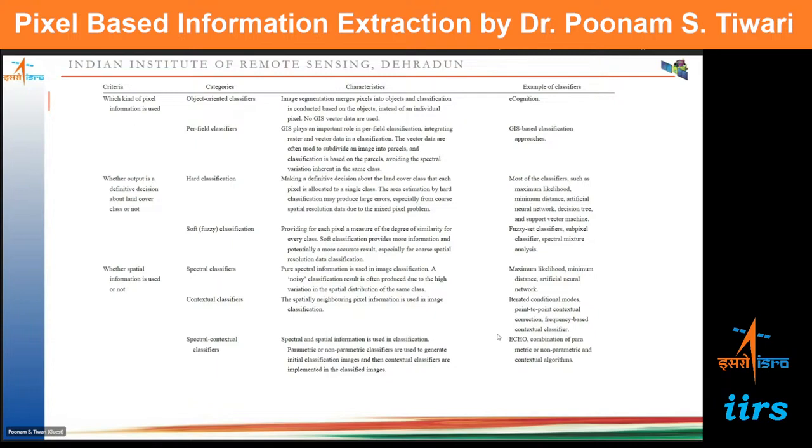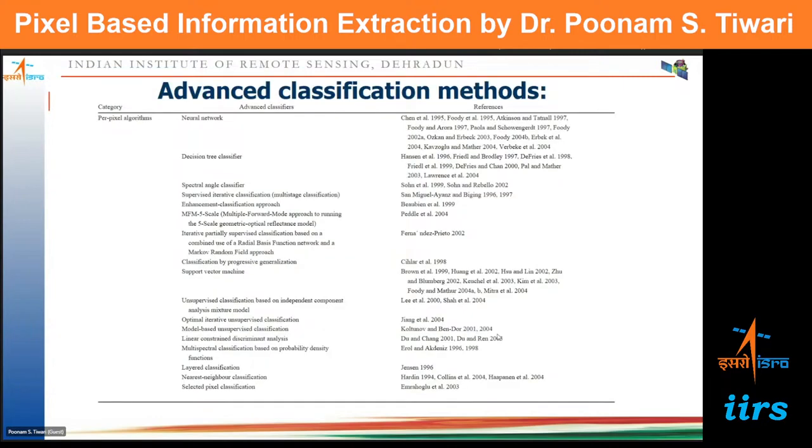In fuzzy classifiers, you have fuzzy set classifiers, spectral mixture analysis, sub-pixel classifiers. Whether you are using spatial information or not, you can have spectral classifiers, contextual classifiers, or a mix of spectral and contextual classifiers. So these are the advanced per-pixel classification algorithms.